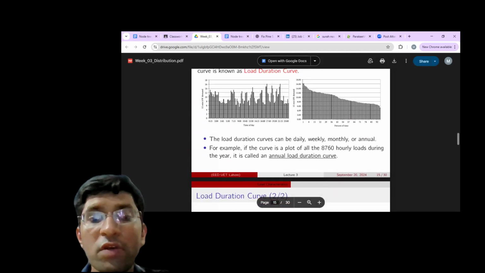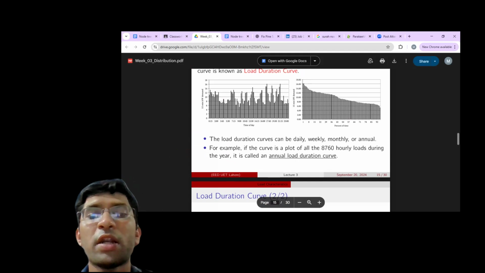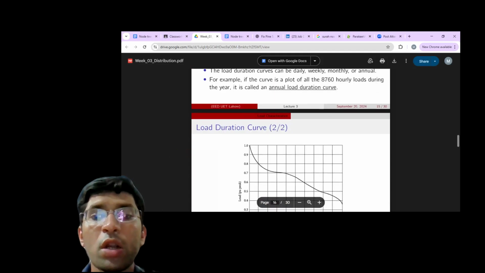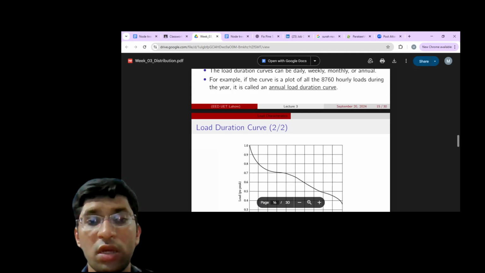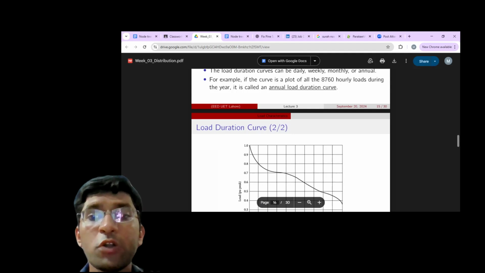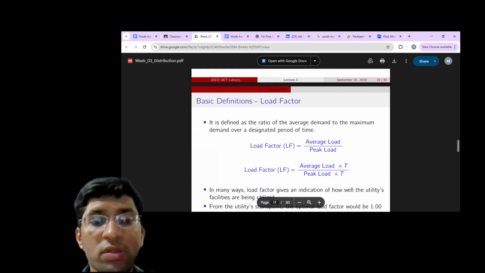For example, if the curve is a plot of all the 8,760 hourly loads during the year, it is called the annual load duration curve. You cannot change 8,760 to 8,761. No, this is not the thing. You need to be precise.